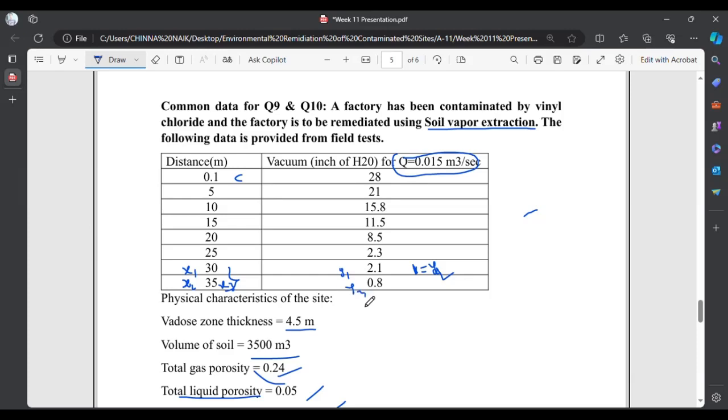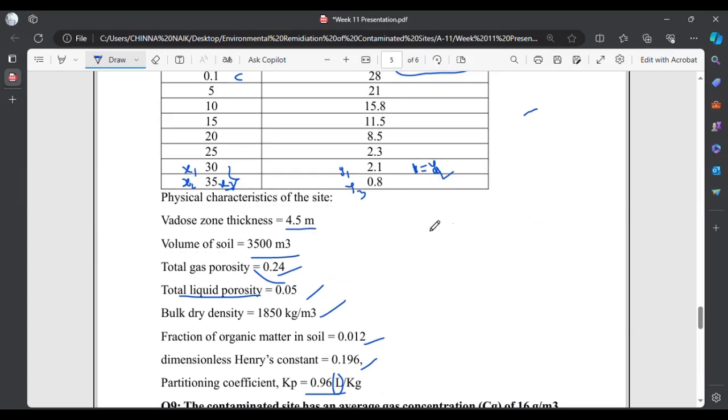Just do linear interpolation. So you know the linear interpolation formula: x3 minus x1, over x2 minus x1, equivalent to y3 minus y1, over y2 minus y1.